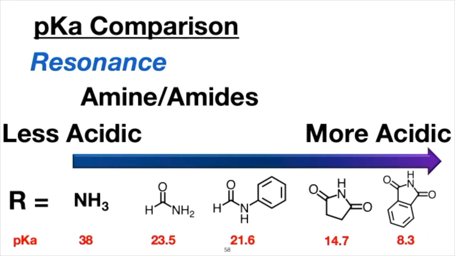And these just go to show you that as you increase the amount of resonance, from none to now one carbonyl, to a carbonyl and some more pi electron stuff, to very involved structures, you get more and more acidic because you're able to move that negative charge onto different atoms. Okay, 2 carbonyls and a phenyl ring versus just 2 carbonyls by themselves.